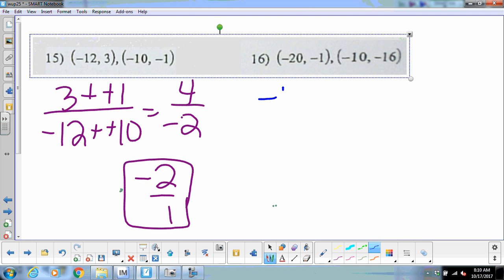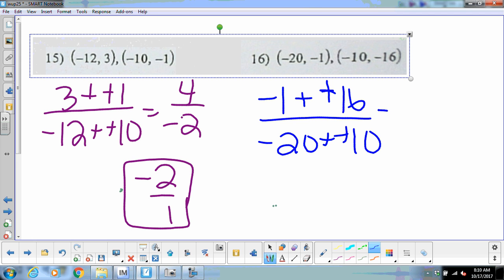You're going to go -1 minus -16, -20 minus -10. Gives me 15 over -10, which is going to reduce down to -3 over 2.